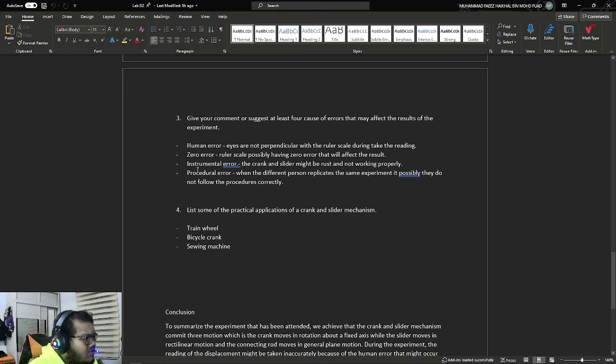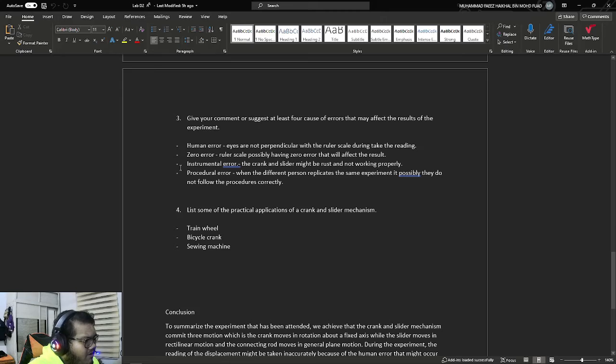Third error, instrumental error. The crank and slider might be rusty and not working properly. Fourth error, procedure error. When a different person replicates the same experiment, possibly they do not follow the procedure correctly.